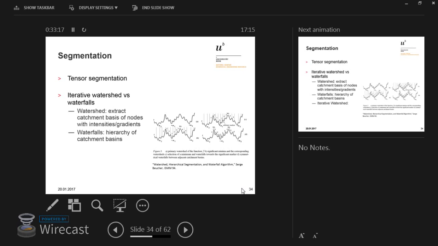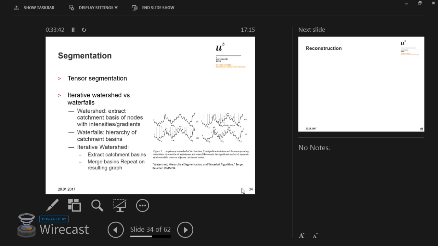The problem of both of those is that they are very sensitive to gradients, and most of the people who use watershed and waterfalls actually smooth the gradients or apply some intermediate steps to prevent the noise from acting out. So the idea here was actually to make a simpler process and do an iterative version. So we create the clusters, we merge them, and from this we obtain a new graph, and we repeat the process on the graph.